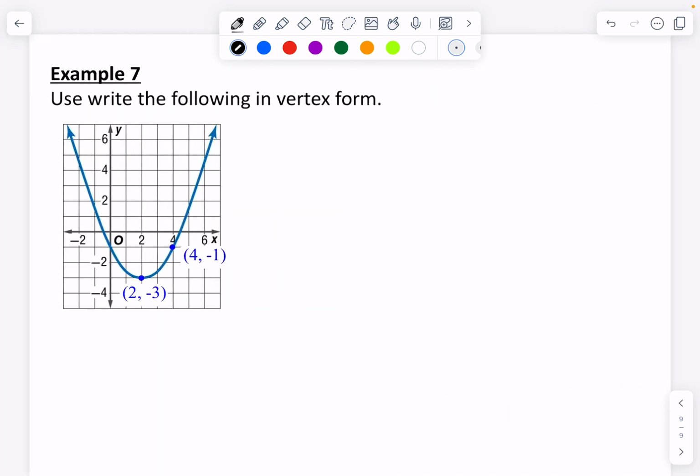Okay, last example. Write the following in vertex form. Okay, we have y equals a(x minus h) squared plus k. So remember, this is my h, this is my k. So I can plug that in right away.